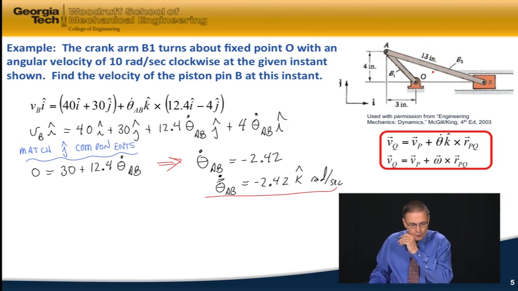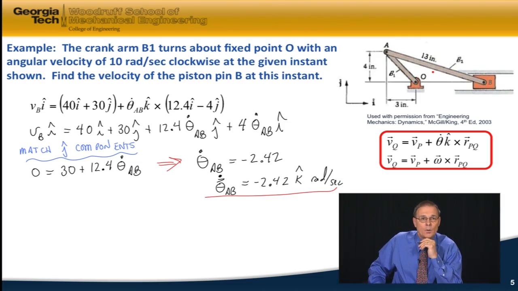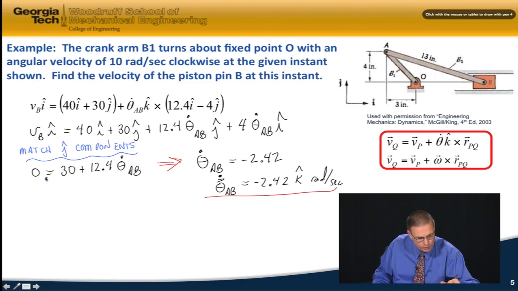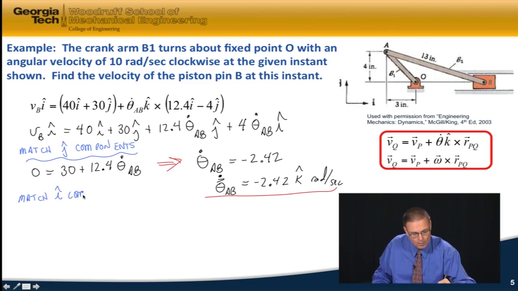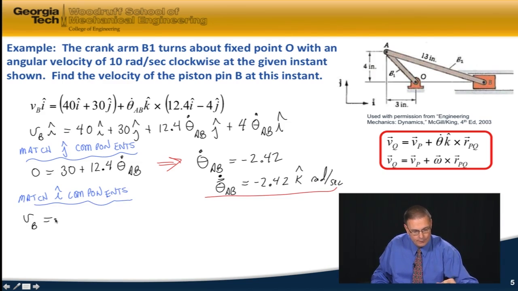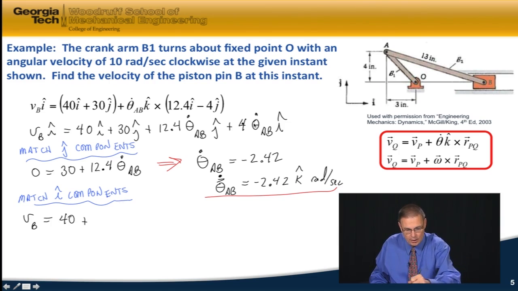Finally, we need to solve for the velocity of B. How do I do that? The magnitude of the velocity of B. And what you should say is match the I components. And when I do that, on the left-hand side, I have VB. On the right-hand side, I've got 40 plus the I component 4 times theta dot AB.